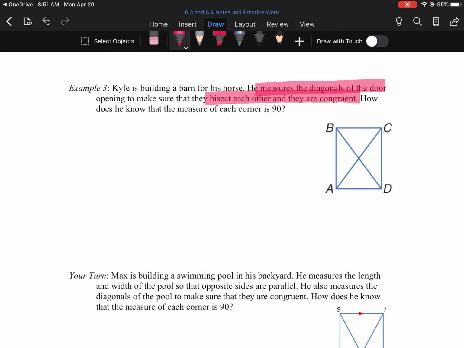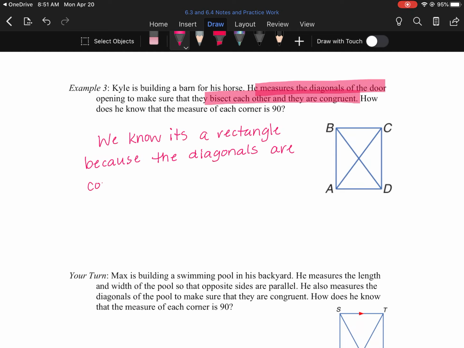Okay, so we can say we know it's a rectangle because the diagonals are congruent and bisect each other.